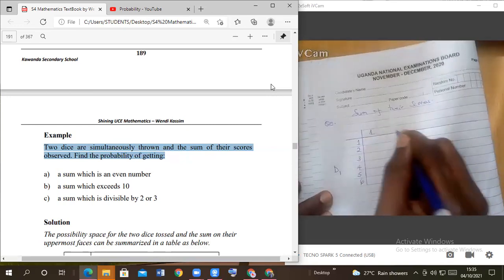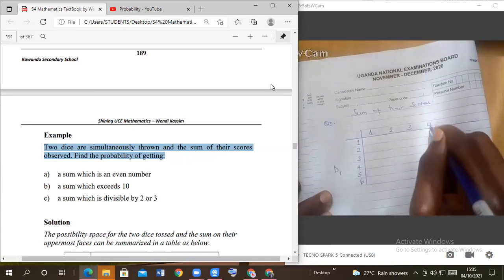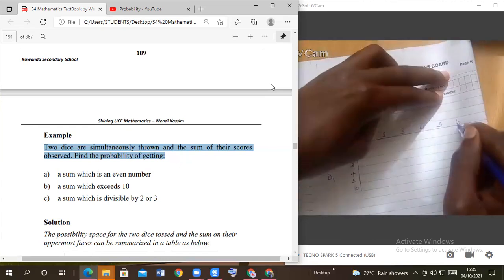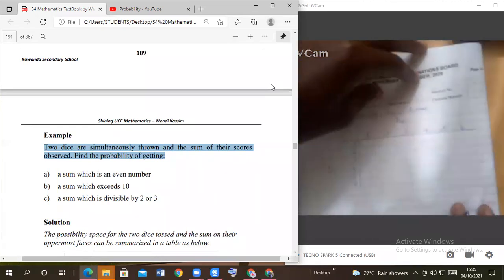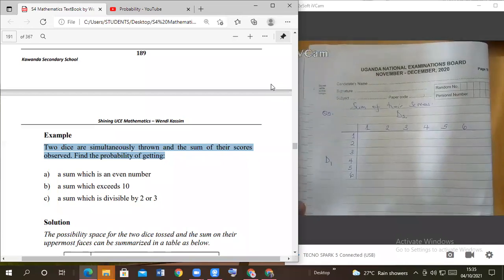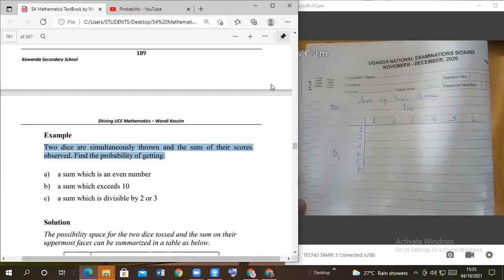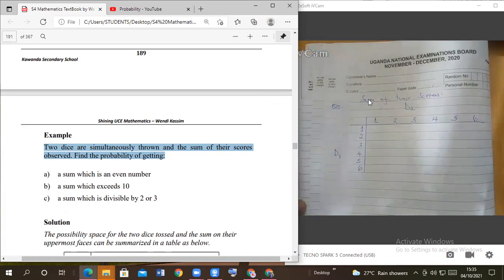Then I have 1, 2, 3, 4, 5, and 6. That's our dial 2. What do they want us to find? They want us to find the sum of their scores.